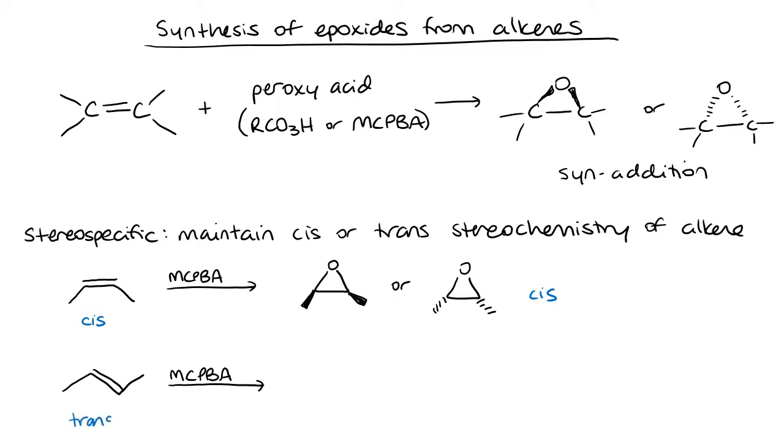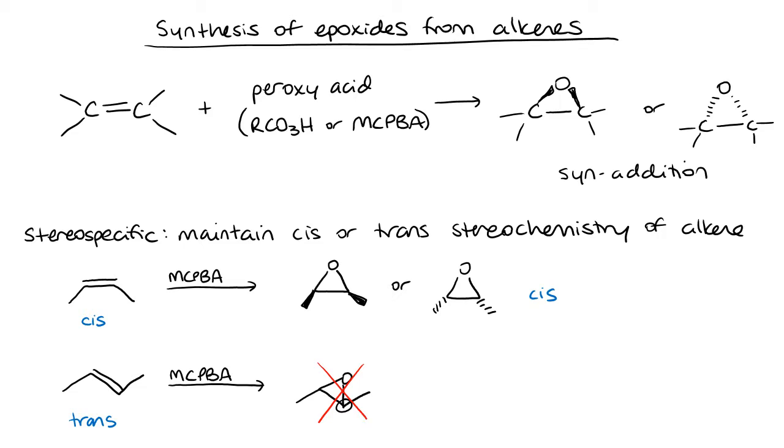It's also the same for a trans alkene. Now with a trans alkene, here we have two methyl groups that are trans to one another. Now it's going to look very strange if we draw this epoxide like this, okay? So we never really see this type of angle with bond line structures. So this is not an appropriate way to draw an epoxide with a trans alkene.